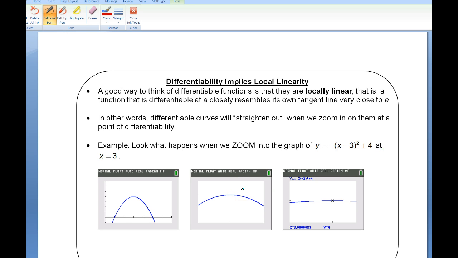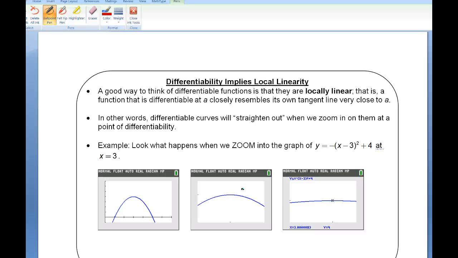So one of the things that we talk about is differentiability implies local linearity. When we take a graph, so here's a graph of negative (x minus 3) squared plus 4. If I zoom in, getting closer and closer to x equals 3, what happens when you zoom in and zoom in and zoom in on a graph? It's going to look more and more like a line.